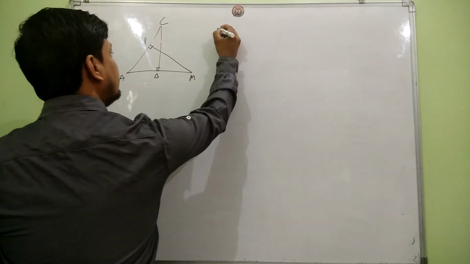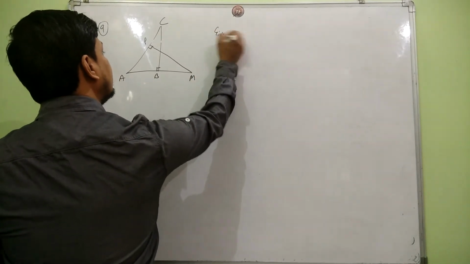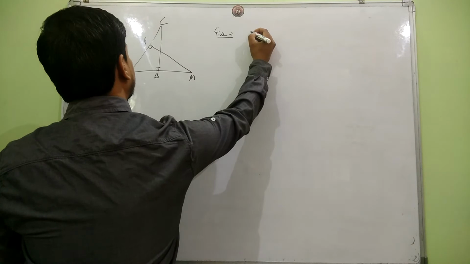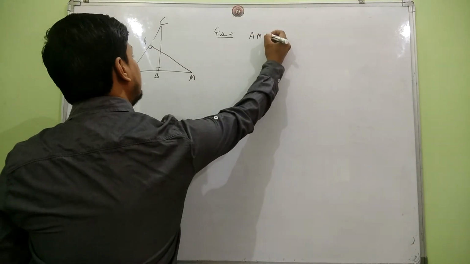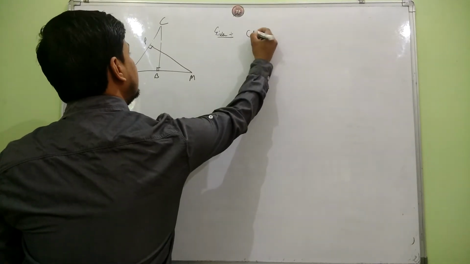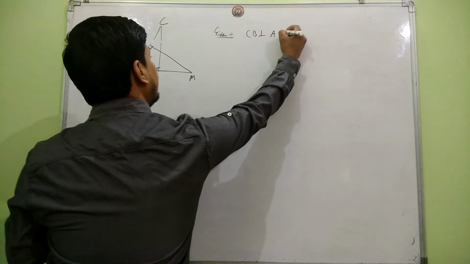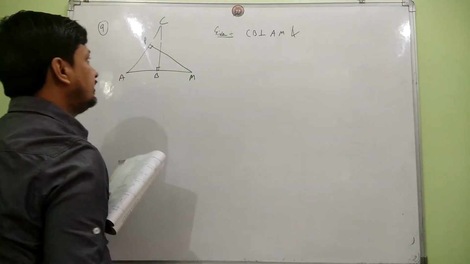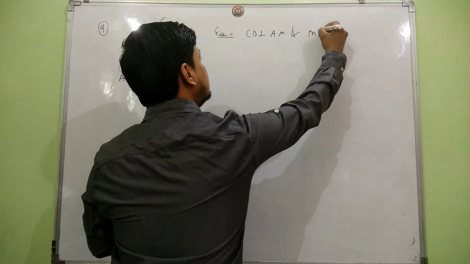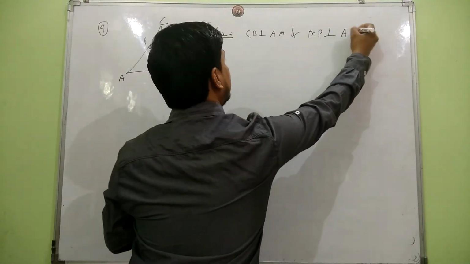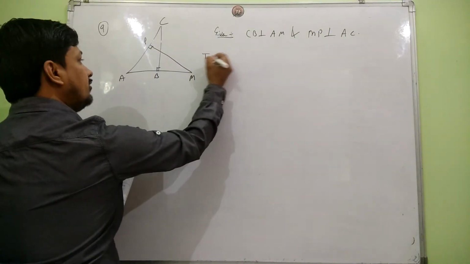First of all we will write the given. CB is perpendicular to AM, and MP is perpendicular to AC. And what do we have to prove?